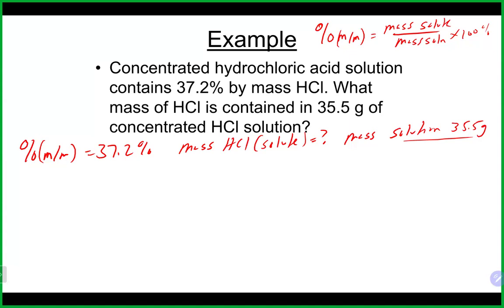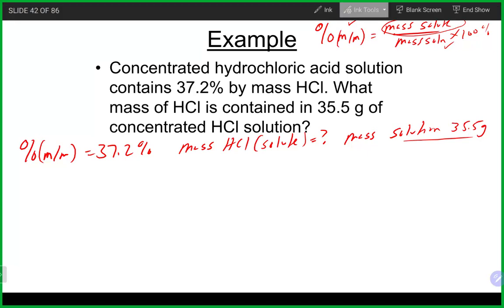So you can obviously plug and chug into this equation if you like, since you do have this, and you can solve for this. You could also, again, if you maybe don't remember this equation or not sure, take more of a dimensional analysis approach to this calculation, where frankly, you might not even have to worry about the equation or formula.